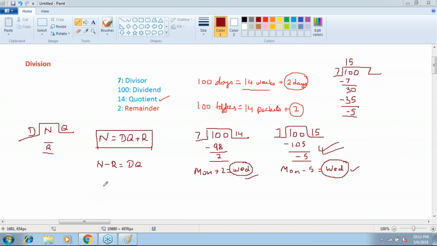So last time we subtracted 2 from 100, we got 98, which was a multiple of 7. This time the remainder is subtracted, so minus 5 will be subtracted, and I will get 105, which is also a multiple of 7. Interesting.